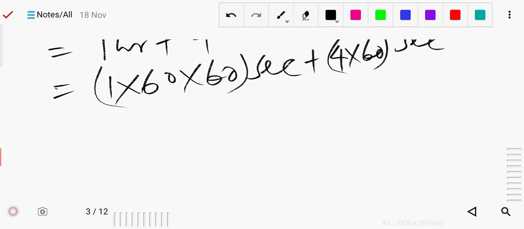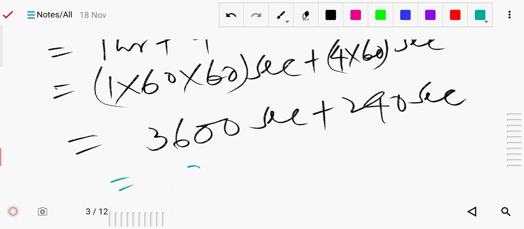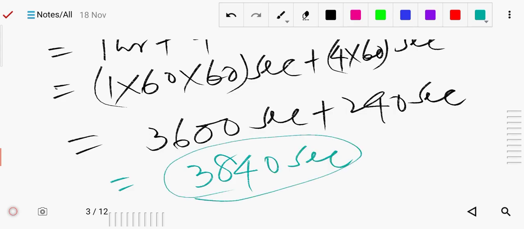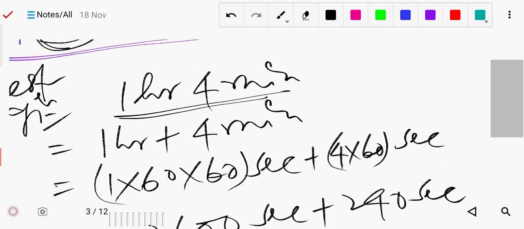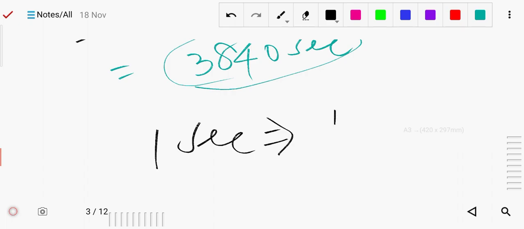Now next we can multiply, so it will be 3600 second, plus 240 second. Now we can add these values, so you will get 3840 second. So now the total is 3840 second. What is given in the question is 1 second, in 1 second the distance traveled is 1 meter.